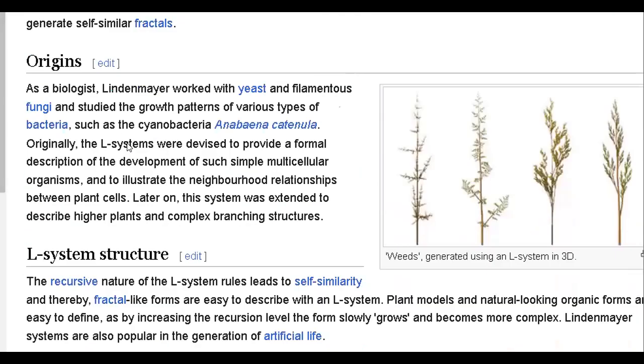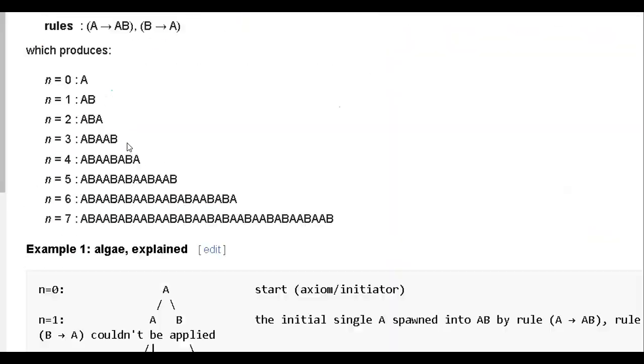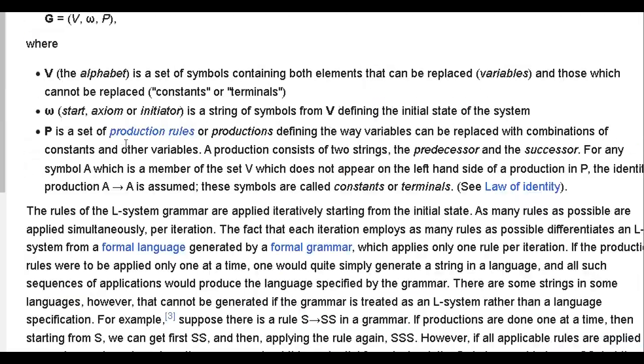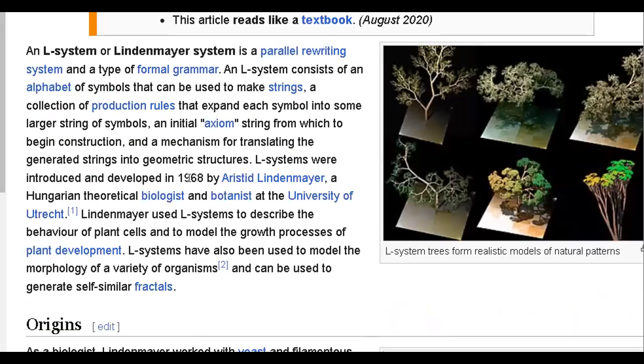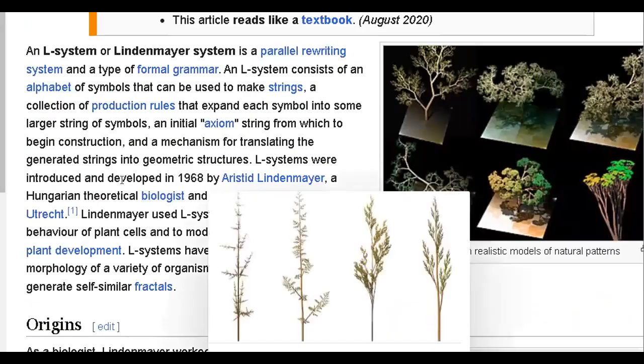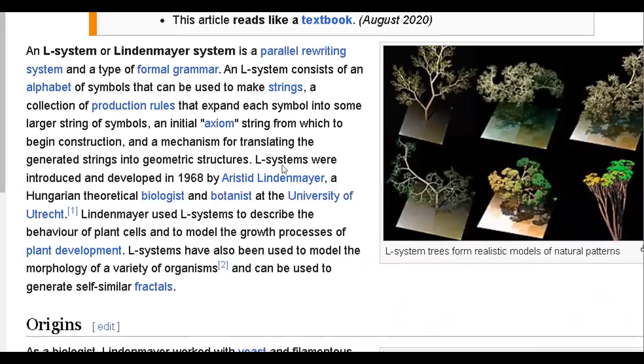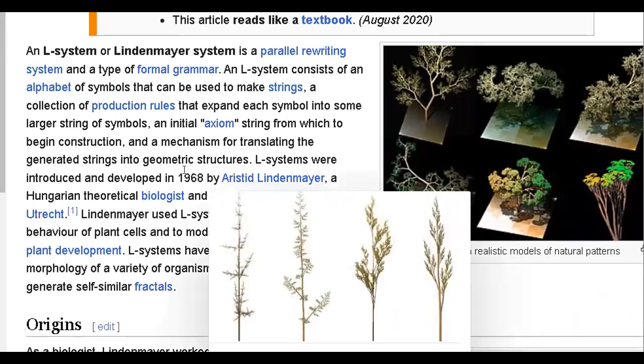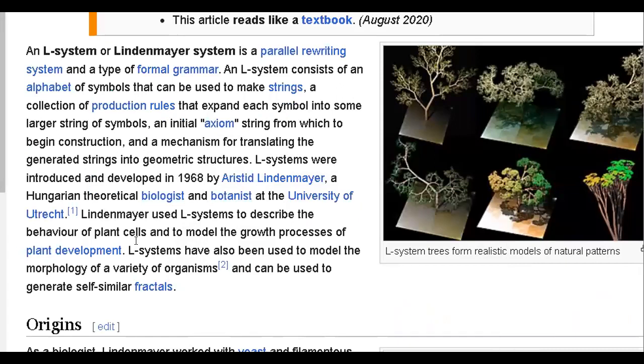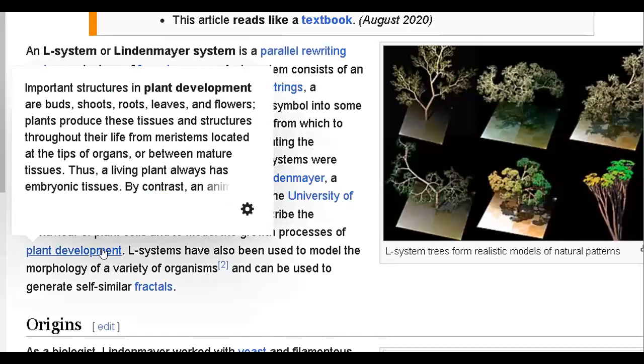L systems were introduced by Lindenmayer in 1968. He was a Hungarian biologist, and he wanted to describe the behavior of plants and to model the growth process of plant development.